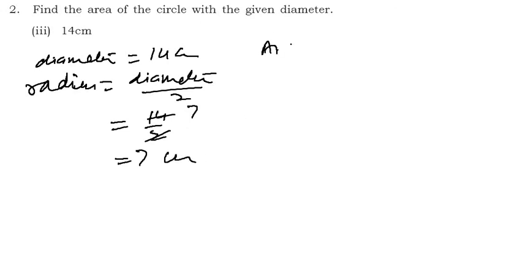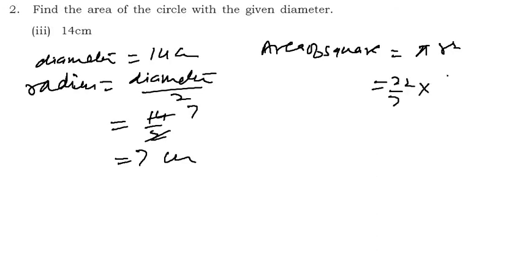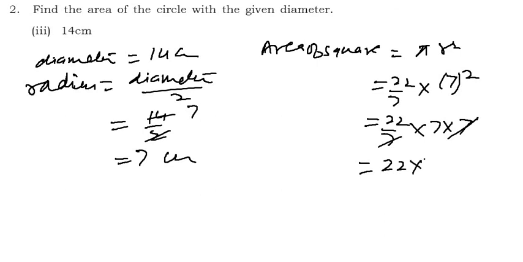Now area of circle, that is the pi r square. Pi is 22 upon 7 and r is 7. So 7 whole square, that is the 22 upon 7. Here is 7 into 7. 7 will be cancelled out. So we get 22 into 7. 7 2s are 14 and 7 2s are 14 and 1, 5. So square centimeter. So that will be your answer.